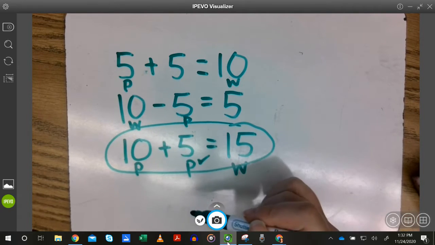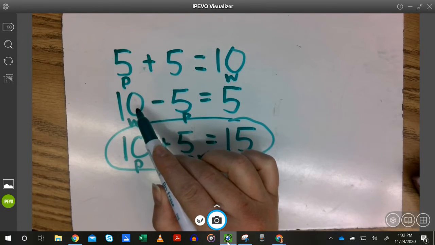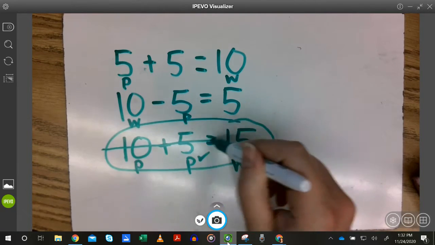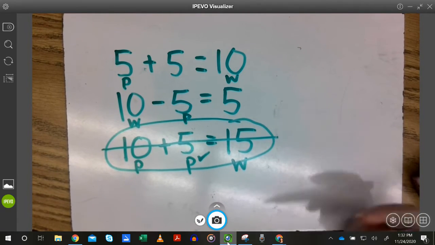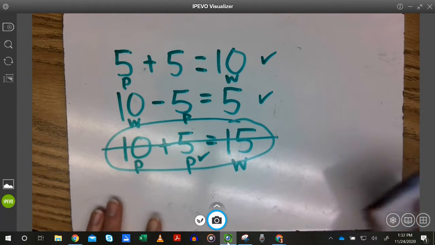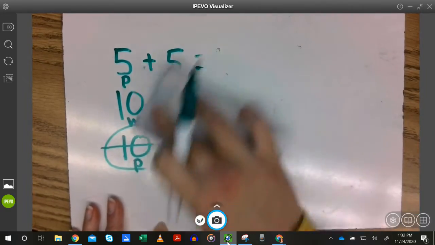Yes, we have a 10, but in the first 2 problems the 10 is the whole, where here they used 10 as a part. So this math fact is not related, but these math facts are related. They have the same whole and the same parts.